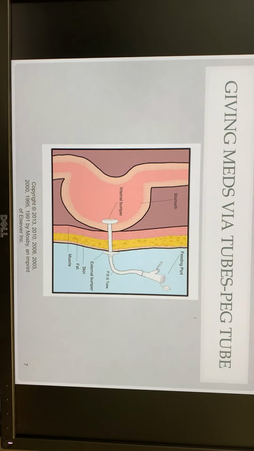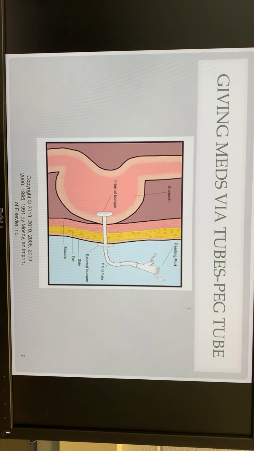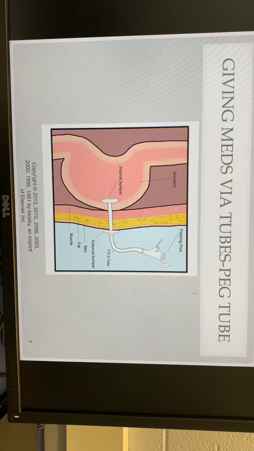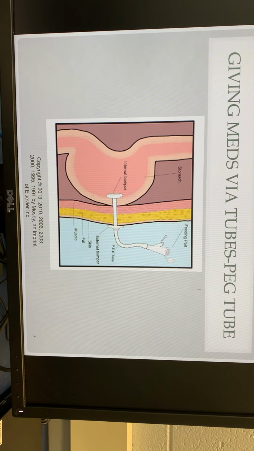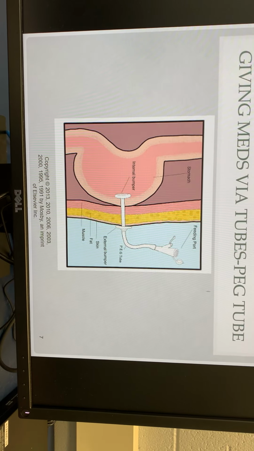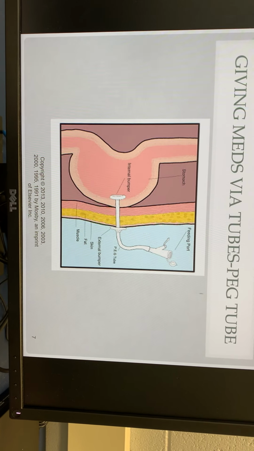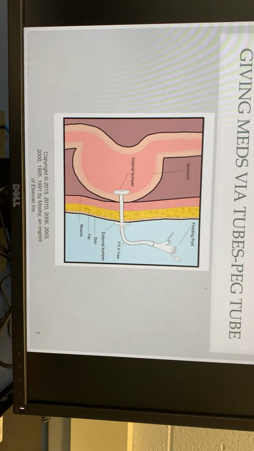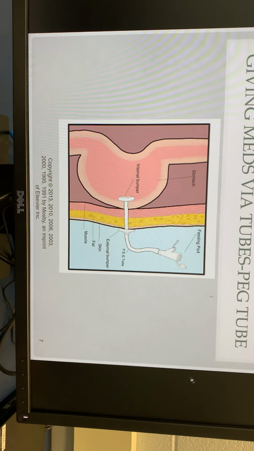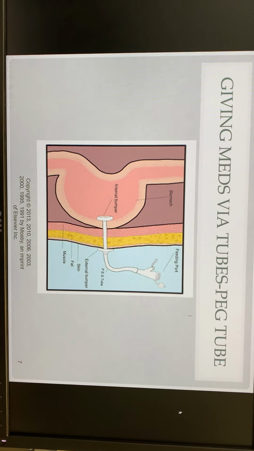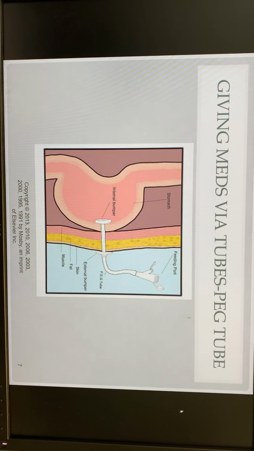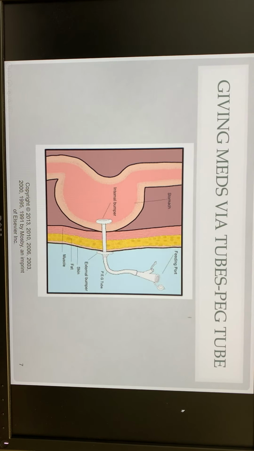This is inserted via a puncture wound into the stomach, often by a nurse, while the doctor is looking through a scope down into the stomach and guiding the placement.